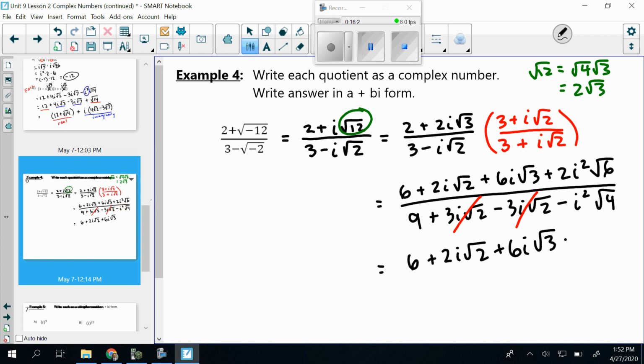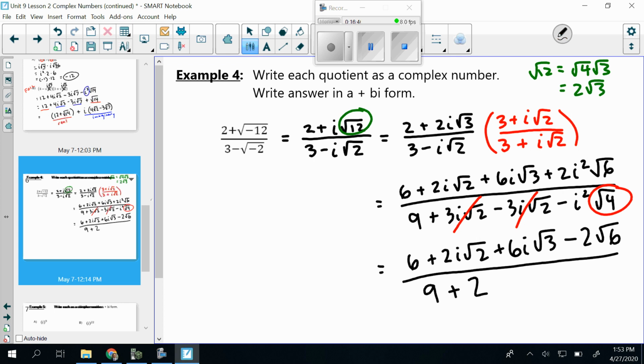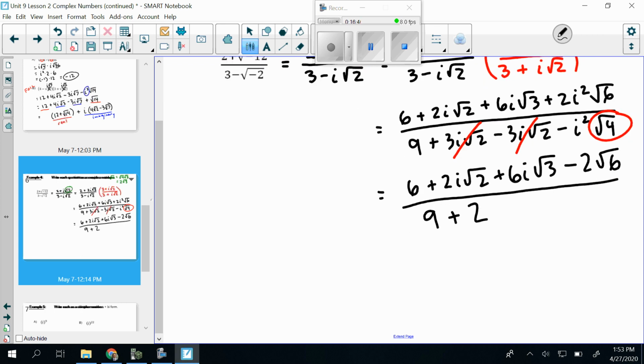Try not to do too much at once so you don't miss anything. That I squared on bottom is going to turn to negative, so this will actually turn into plus. And also, I know square root of 4 here will end up being 2, and so I'm going to put plus 2 there. Okay, as far as simplifying this down further, we know on the bottom there now we got 11.